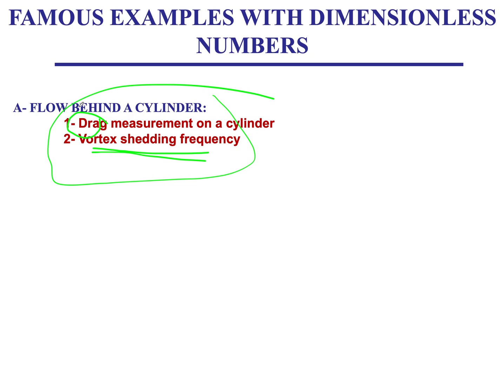And when we removed some of the restrictions on the motion of the cylinder, we were able to reveal the lift force on that cylinder. It's the force perpendicular to the flow direction.